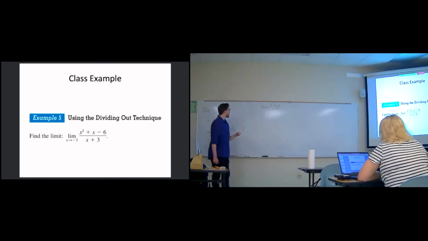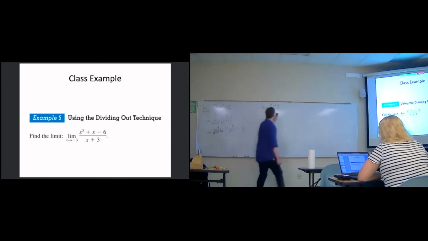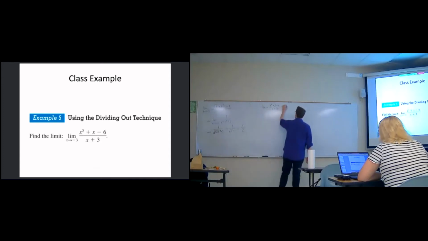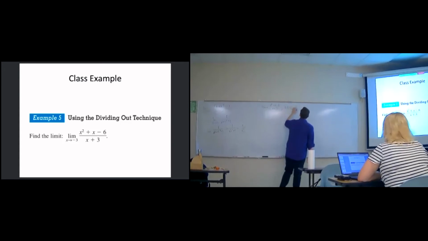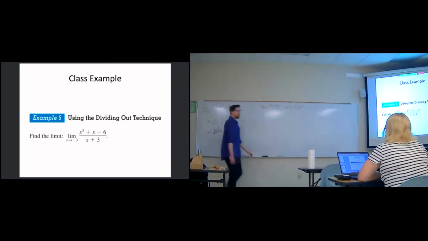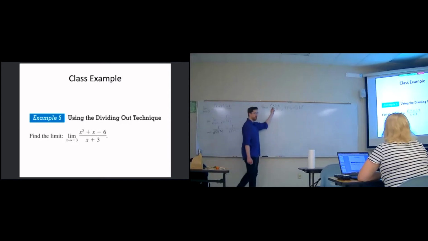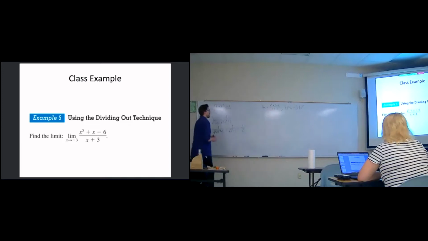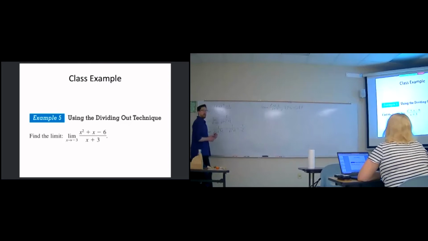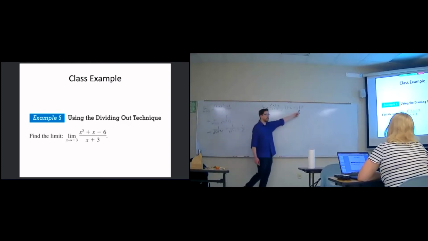So here, x can't be -3, and the reason why is that when x is equal to -3, the denominator is 0. So lo and behold, we get something that does not exist.